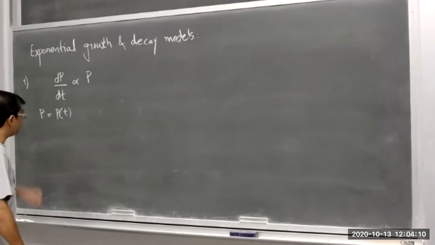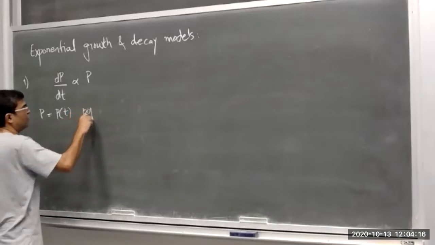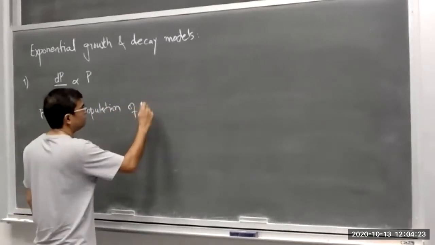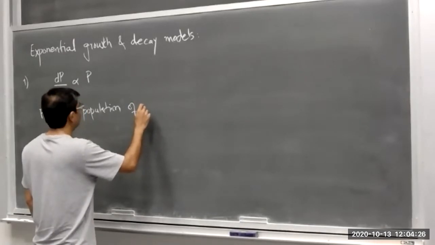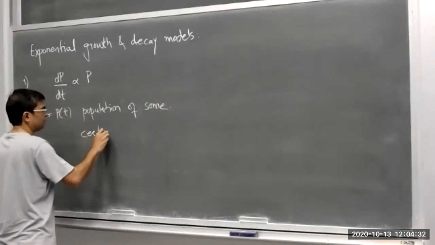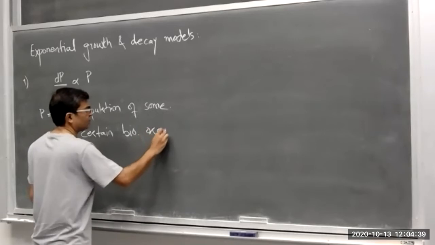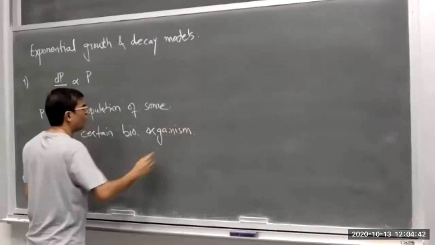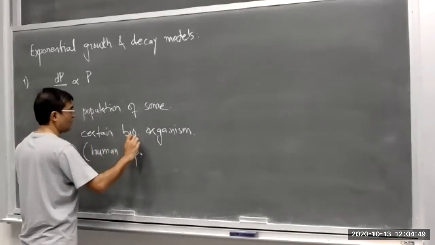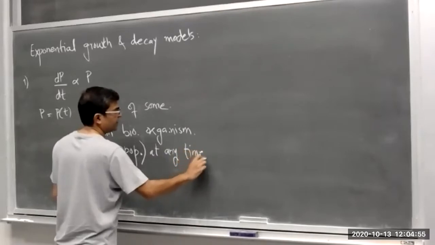Sorry, population at a certain time. Population of some certain biological organism, you can say, or a human population at any time t.